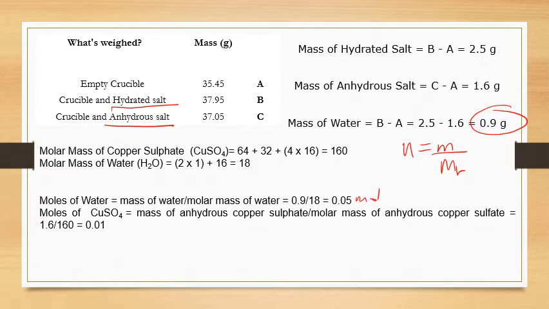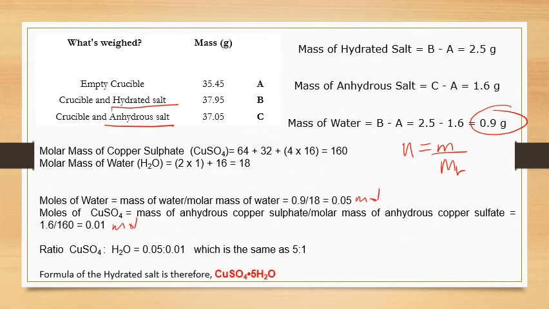Then the moles of copper sulfate equal the mass of the anhydrous copper sulfate divided by its molar mass, which is 1.6 divided by 160, which is 0.01 moles. Then we have the ratio of moles of water to moles of copper sulfate, which is 0.05 to 0.01, or 5 to 1. So it means that the hydrated salt formula must be CuSO4.5H2O. And that's all you need for this unit.